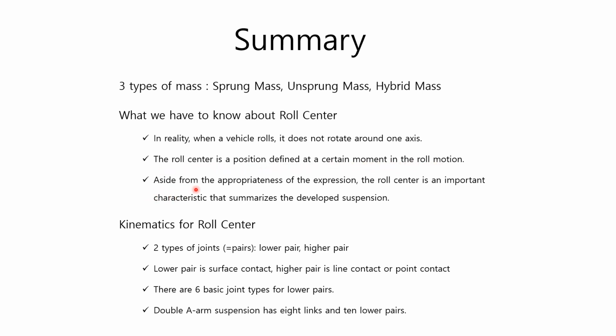Aside from the appropriateness of the expression, the roll center is an important characteristic that summarizes the developed suspension. I explained kinematics for roll center. Two types of joints or pairs: lower pair, higher pair. Lower pair is surface contact, higher pair is line contact or point contact. There are 6 basic joint types for lower pairs. Double A-arm suspension has 8 links and 10 lower pairs.